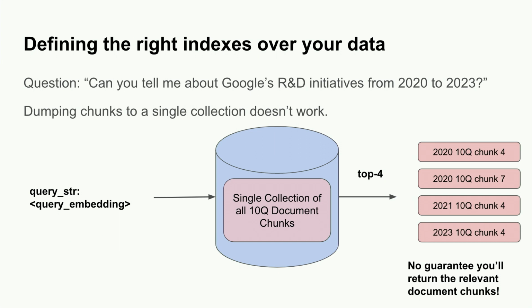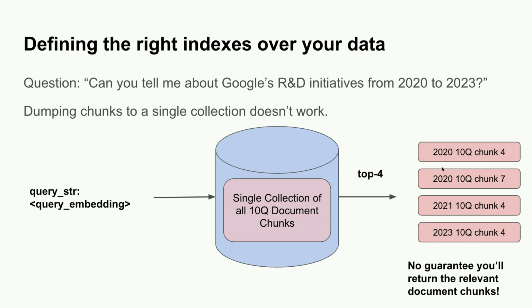The next piece is being able to define the right indexes over your data. So can you tell me about Google's R&D initiatives from 2020 to 2023? The higher order idea here is that putting all the chunks into a single collection and not separating the documents in some way will probably lead to pretty bad results. Because if you ask a question like this, and you say fetch the top 4 most similar chunks from the vector database, you're not really guaranteed to get back specifically the R&D initiatives year over year, right?